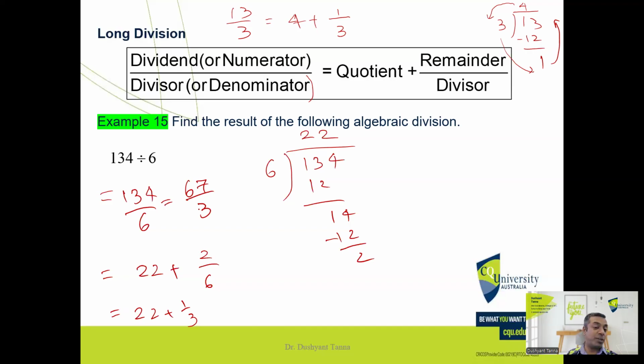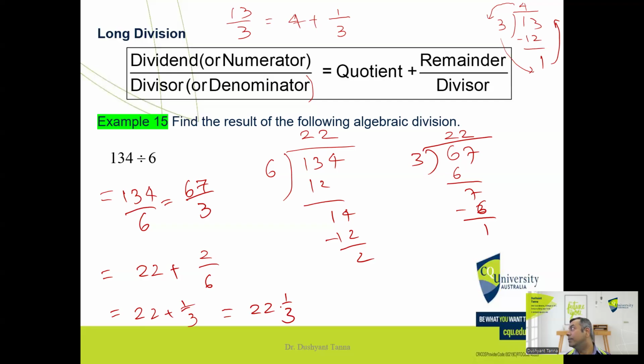That's the same as 67 over 3. The outcome doesn't change. If you go 67 divided by 3, 3 times 22 is 66, and that's 22 plus 1/3. In terms of mixed fraction, it can be written as 22 and 1/3. It's the same thing, right? So this is how we will carry the division.